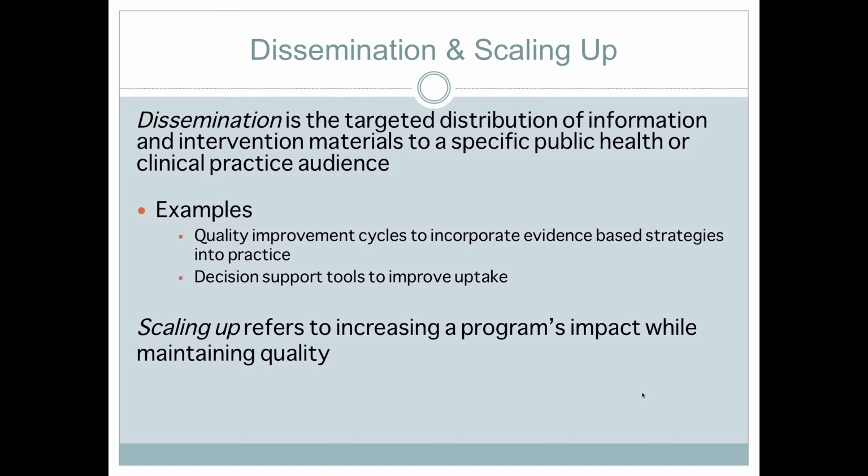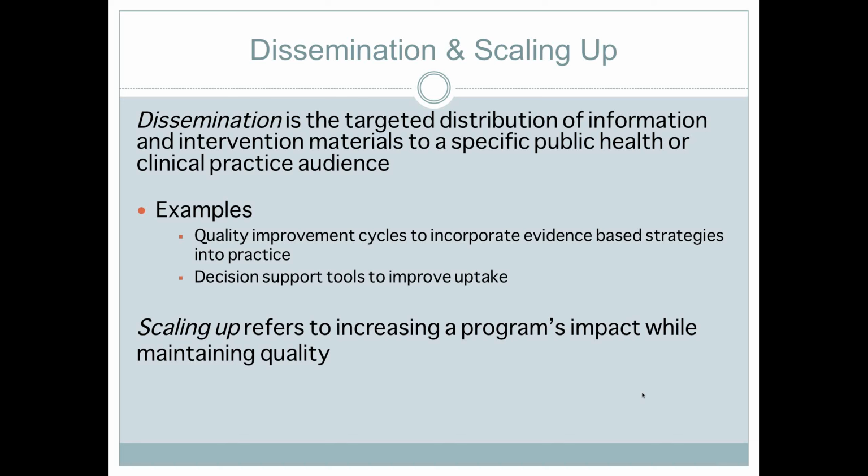So you might, as a provider, be talking with a patient about the importance of physical activity, when you give them decision support tools to help them work through the pros and cons about having more physical activity, increasing their physical activity, that's a way to disseminate that information and have more of an effect on the intended audience. So dissemination is making sure that information reaches the people that it's needed to reach.